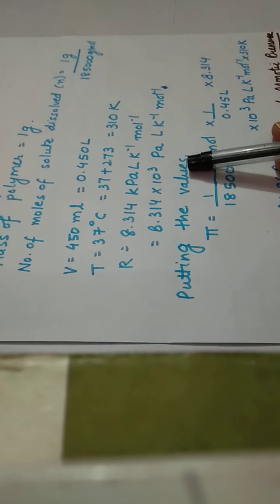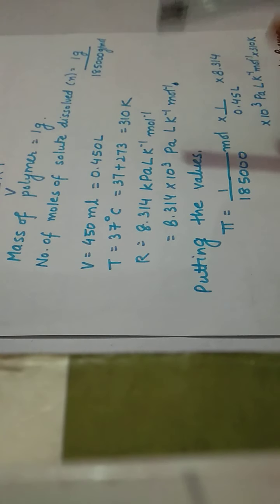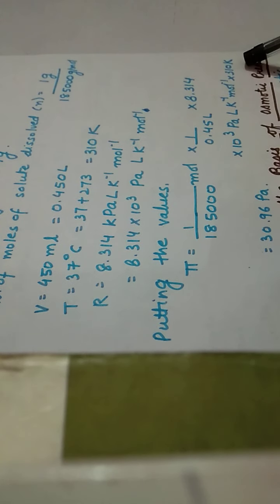Now children, you check whether we have got the same units. Mole, mole, gram, gram cancelled, mole is left. Mole, here also we have mole. Kelvin we have converted, here also we have Kelvin. So liters we have in liters.